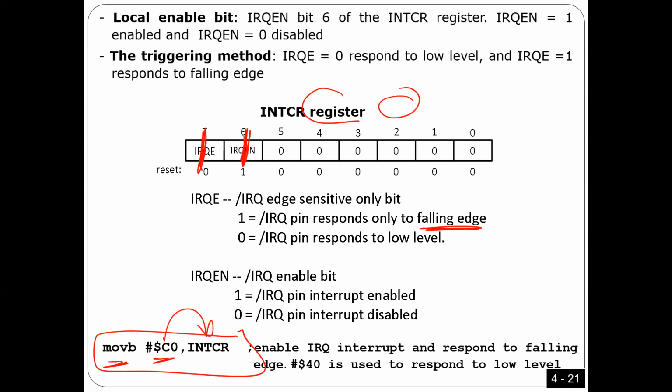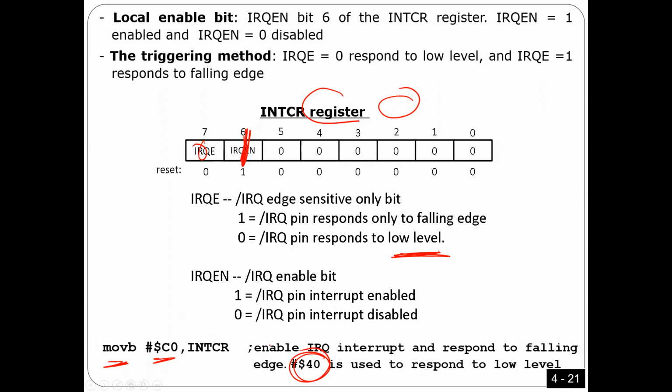This is a configuration. This is similar to when you configure ports, input ports or output ports. We put it in the main program. It's the same idea, right? However, if you want to program it for low level, all you have to do is put 0 here. Now the number is going to be 40. That's it.